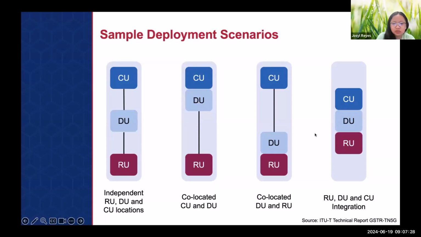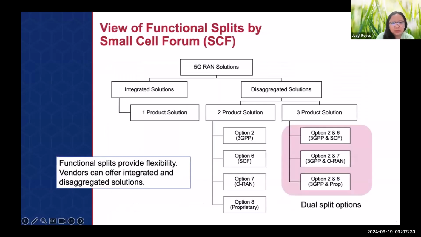So, speaking of small cells, this is how the functional split is being viewed by the Small Cell Forum. They have the 5G RAN solutions, and they have two main types, integrated and disaggregated. The integrated one is a single product solution, since the RU, DU, and CU are together.